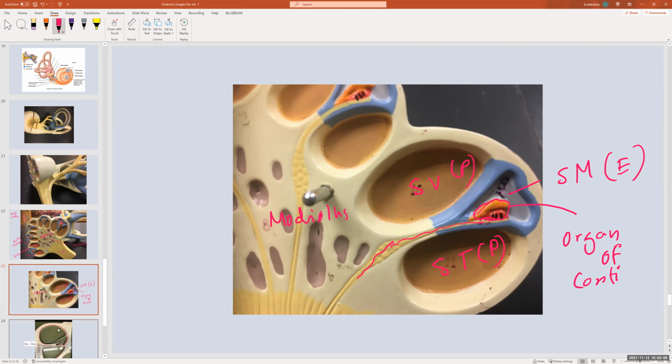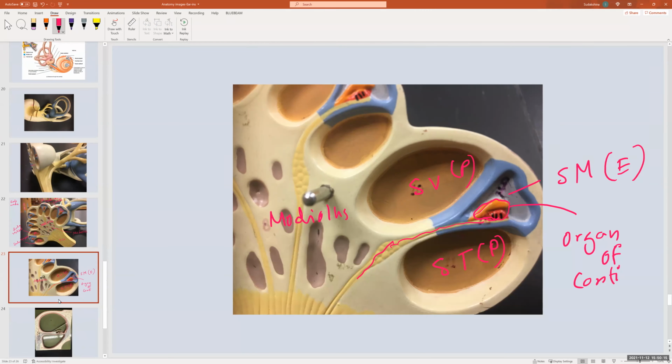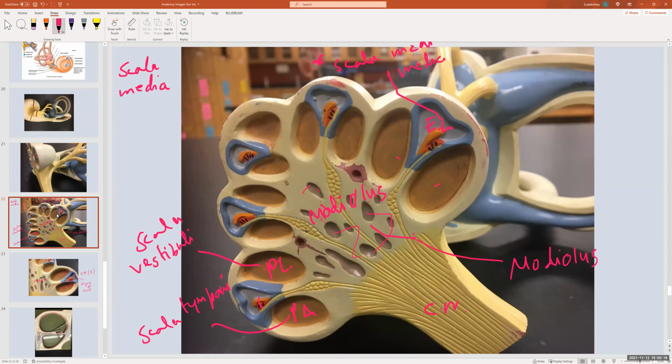Now let's elaborate this a little further. Let me talk about the helicotrema. Notice again, these tracks, basically scala vestibuli and scala tympani, these 2 tracks at the tip are actually joined.